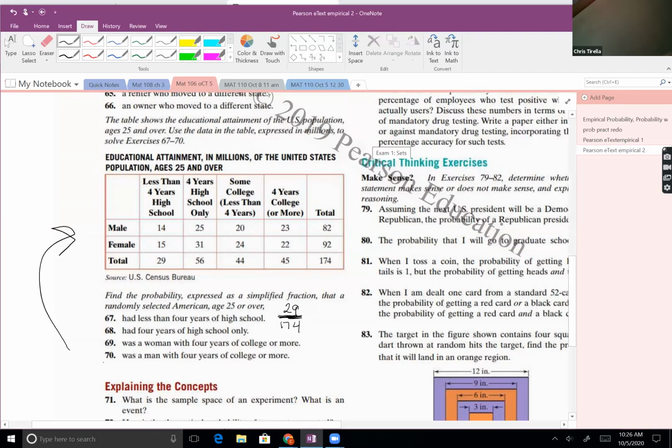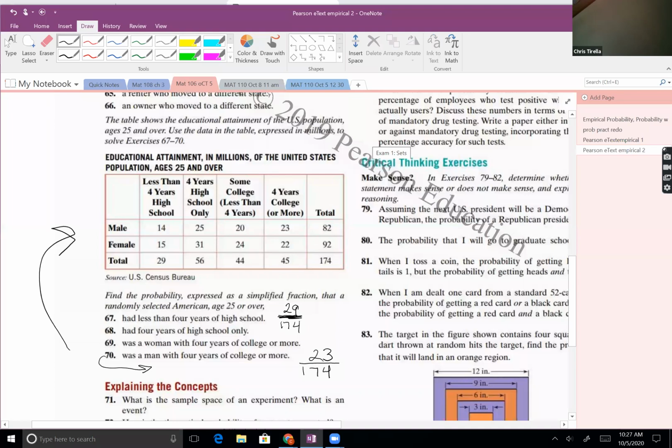Let's do one more. Let's look at 70: a man with 4 years of college or more. The denominator is still the 174. What would be the numerator? 23. Life is good?